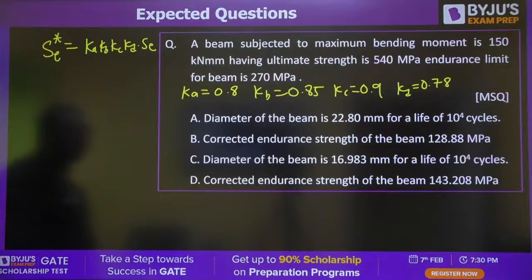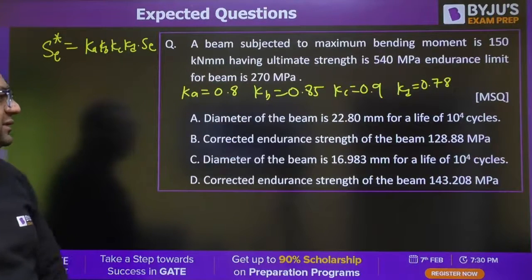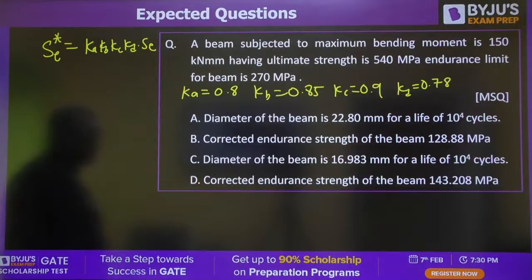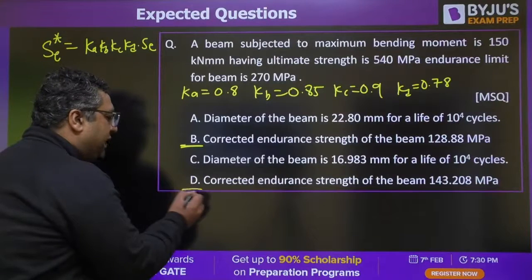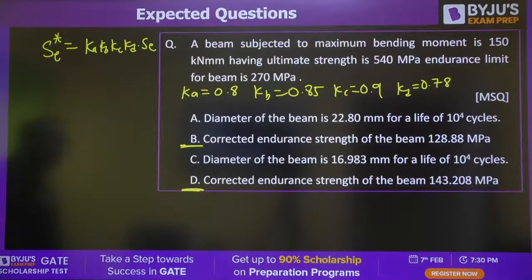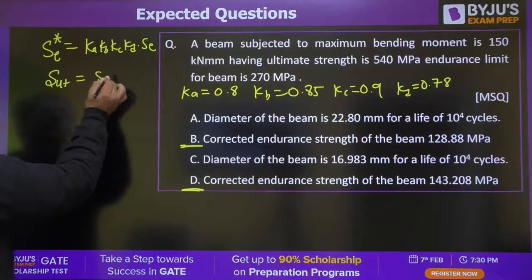And then they are asking you that a beam subjected to maximum bending. Okay, diameter of the beam is this and life is this. Corrected endurance strength. So corrected endurance, you will be having the answer either B or D. Okay, so just solve it and then you can go for further, like as they have given ultimate strength 540.